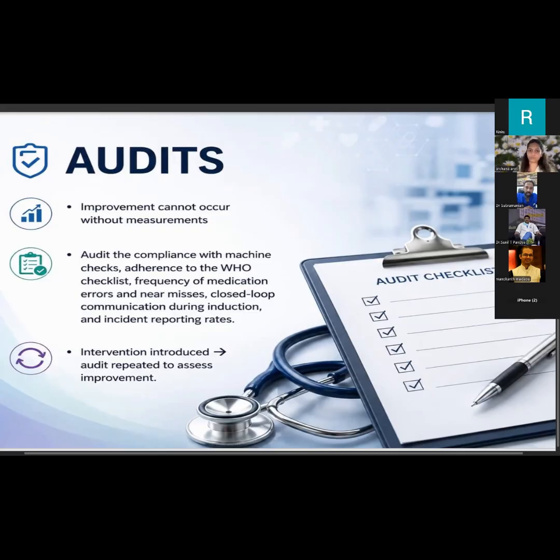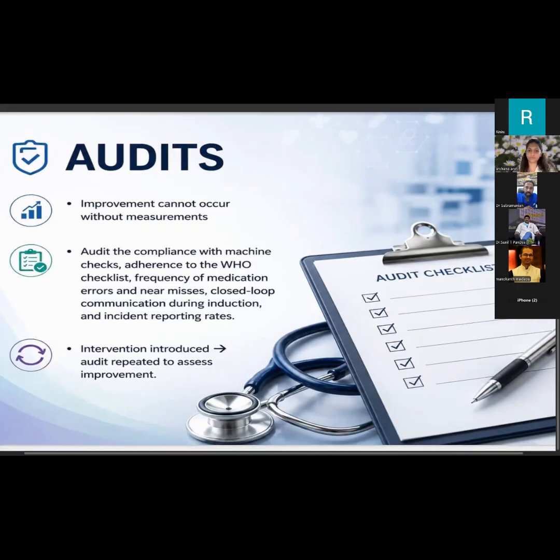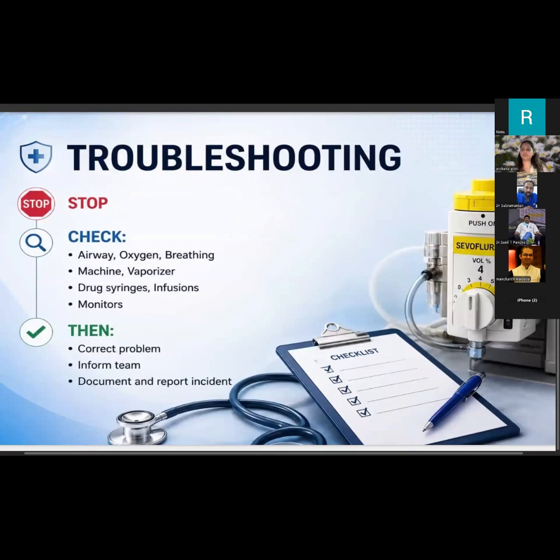Next, moving on to the next slide, troubleshooting. What would we do if we had to face such a scenario during our induction? First, recognize that something is going wrong. Unexpected drowsiness without administered sedatives should trigger a systematic evaluation.